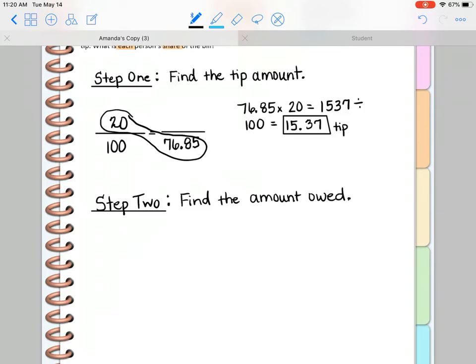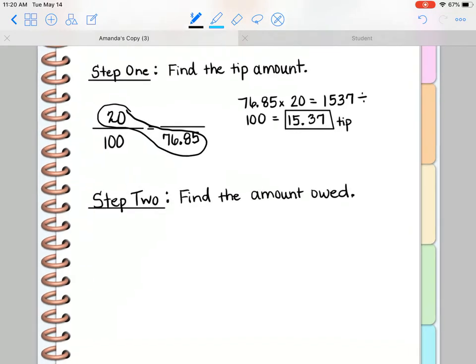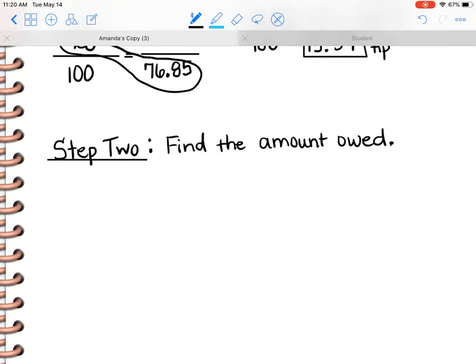Okay, so think about that logically. How much do you owe the restaurant? Well, you owe them the $76.85 for the food, plus the tip that we just found, which was $15.37. So we need to add those together. We need to add the tip onto the amount that we ate.